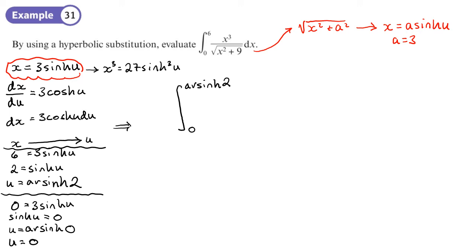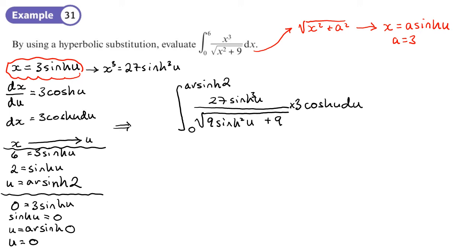That goes over the square root of x squared plus 9, so 9 sinh squared u plus 9. And dx is replaced with 3 cosh u du.